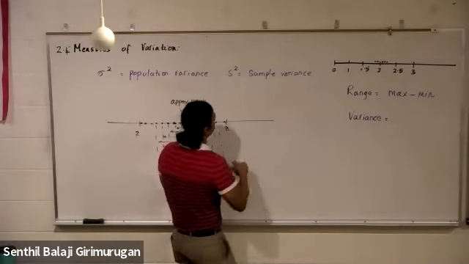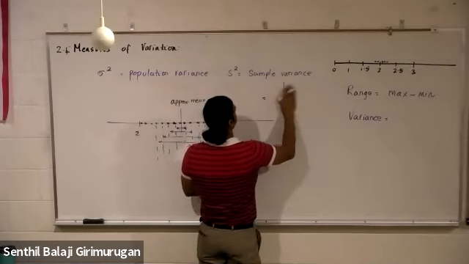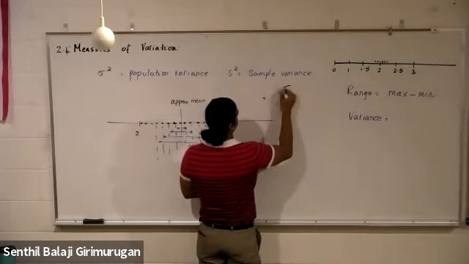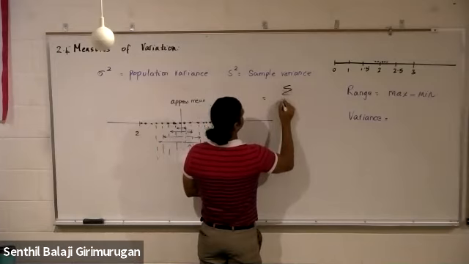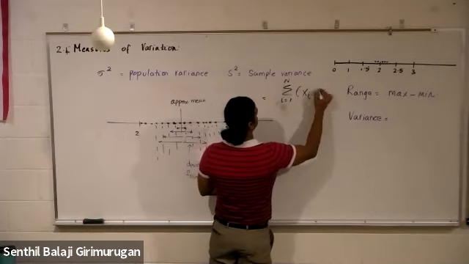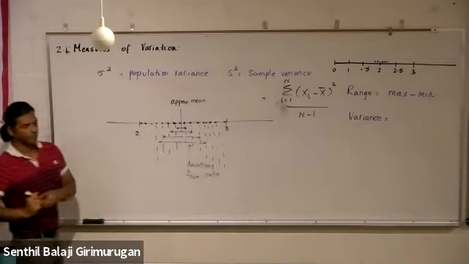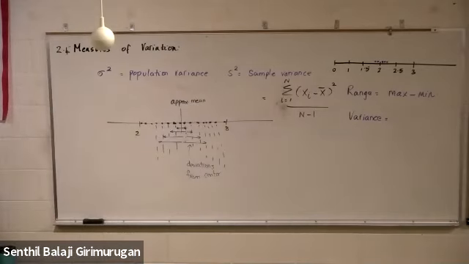So this is the formula. I'm sure the book has it. And n is the sample size.